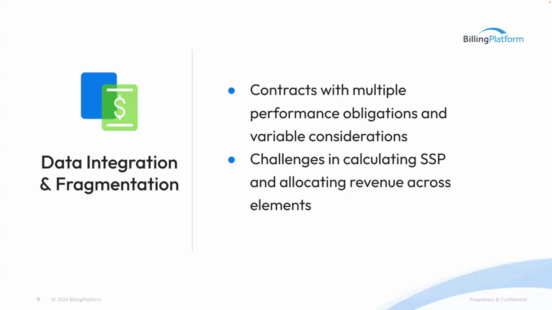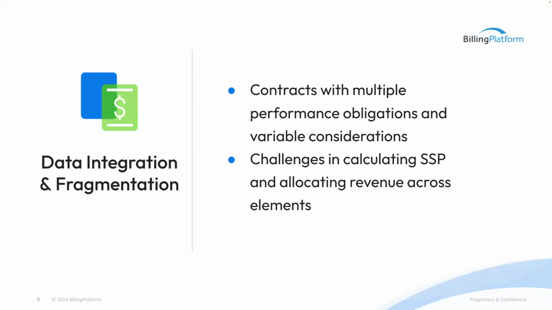Second point here is, and I've mentioned this before, challenges in calculating standalone selling price and allocating revenue across elements. Again, multiple pieces of data coming from different systems. How do we pull all of this together, taking the right attributes of that data and combining it all into a cohesive process that happens in the right sequence with the right information?